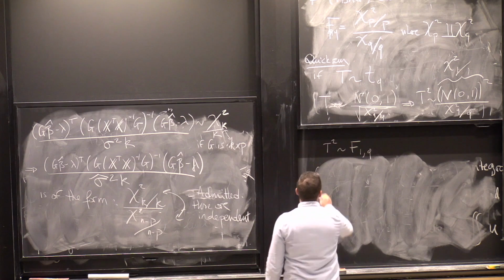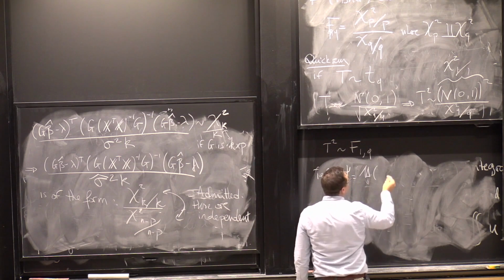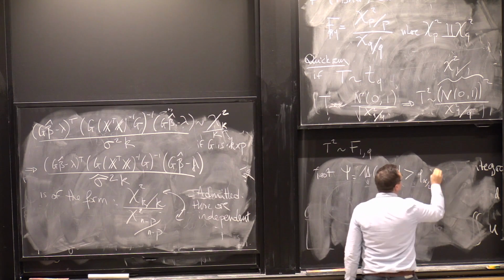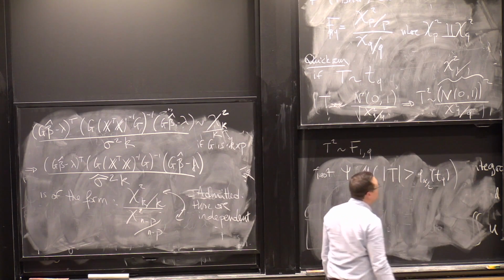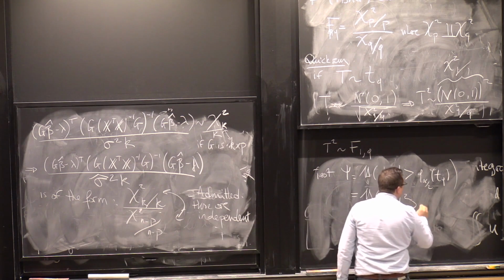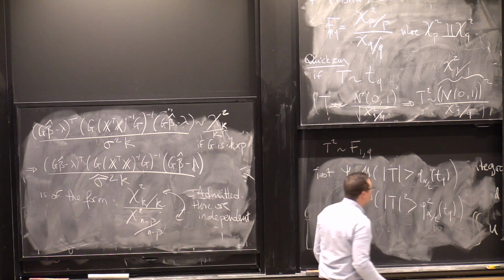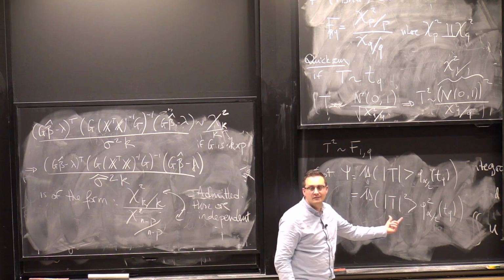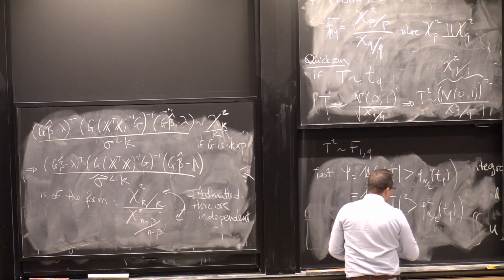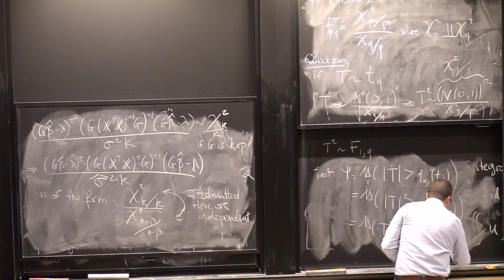Right? So if my test is psi equal to the indicator that t exceeds q alpha over 2 of t_q, for example, then it's equal to the indicator that t squared exceeds q squared alpha over 2 of t_q, because I had the absolute value here, which is equal to the indicator that t squared is greater than q alpha over 2, and now this time it's an F_{1,q}.